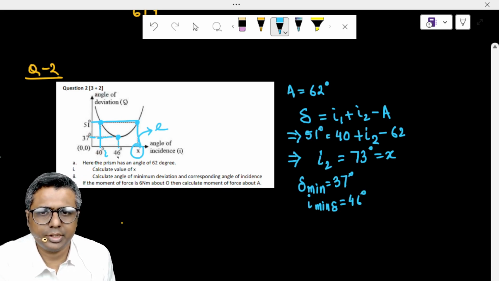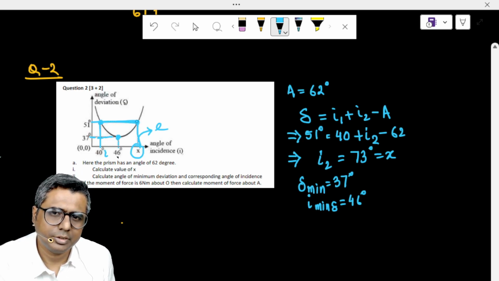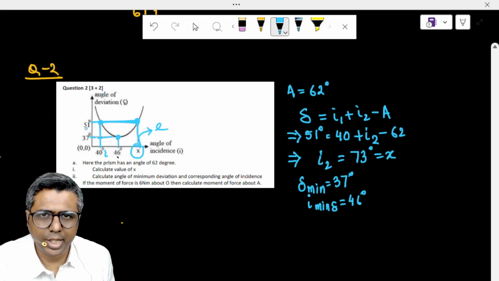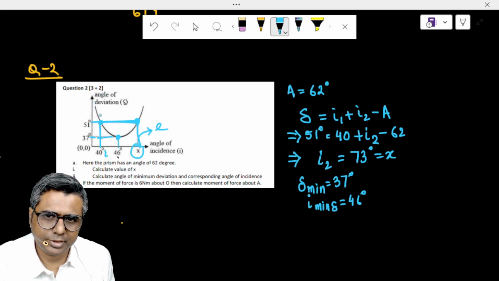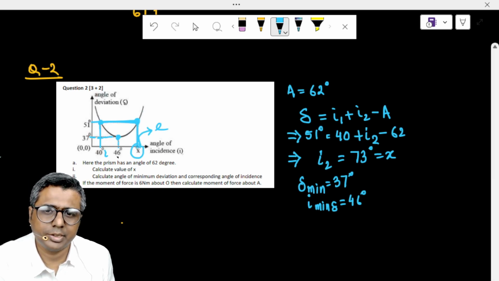So easy question. The only thing you need to know is whether you have been able to comprehend that for an angle of deviation, the first part of the graph, the one that is coming down, will give you the angle of incidence on the x-axis, and the second part of the graph that is going up will give you the angle of emergence on the x-axis.